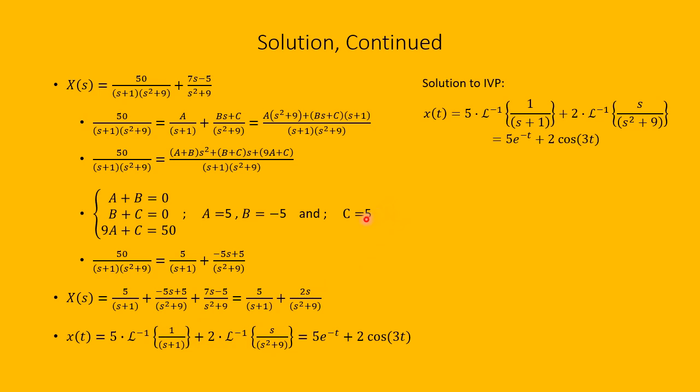So what we have shown is that the solution to our initial value problem is 5 times this inverse Laplace transform plus 2 times this one, which is 5 e to the minus t plus 2 cosine of 3t.